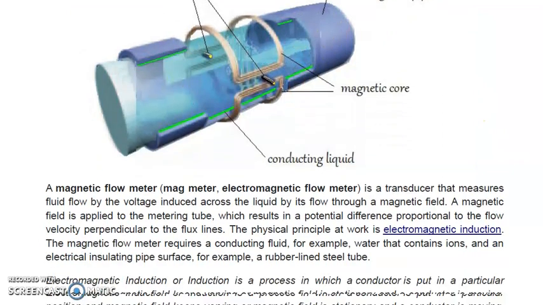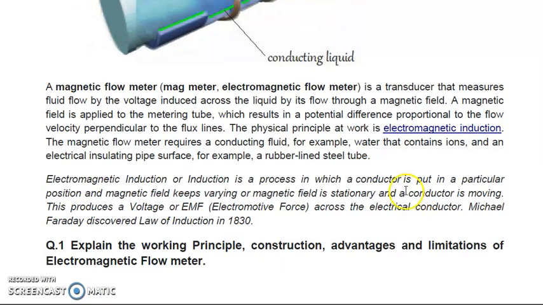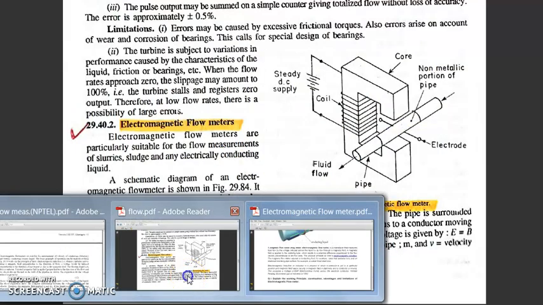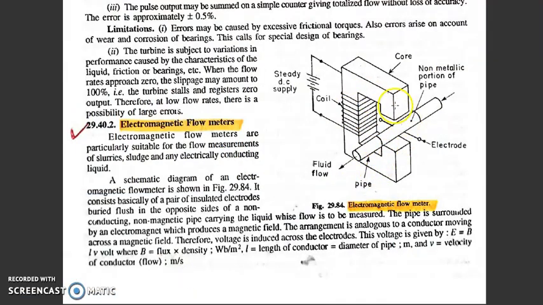Now by listening to the complete theory, working and construction, students should be able to answer the question: explain the working principle, construction, advantages and limitations of the electromagnetic flow meter. So we can watch its electrical diagram also.